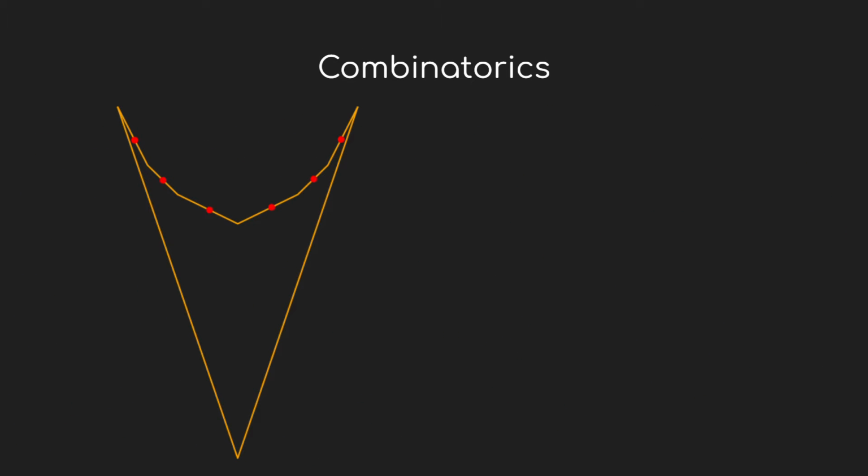Now we're going to go into the realm of combinatorial bounds. That's looking just at the number of vertices or reflex vertices. How big can the hidden set get? Reflex vertices are vertices where the angle made by the side before and the side after it is greater than 180 degrees.